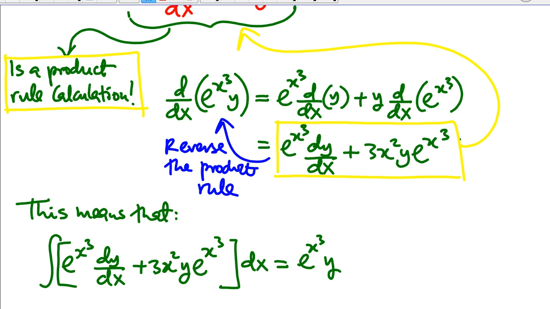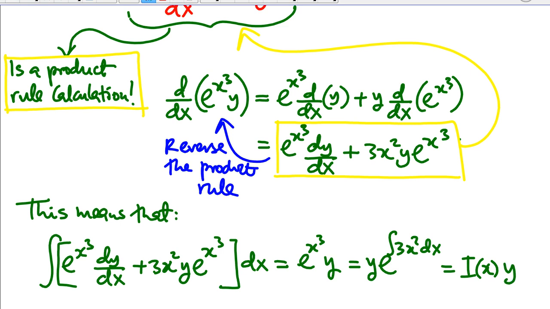So basically this will be equal to that, which in our context is y multiplied by e to the power of, remember, the integral of 3x squared dx, which is equal to the integrating factor multiplied by y.